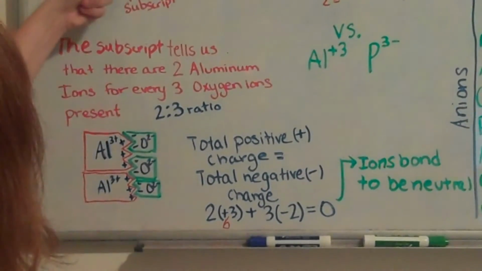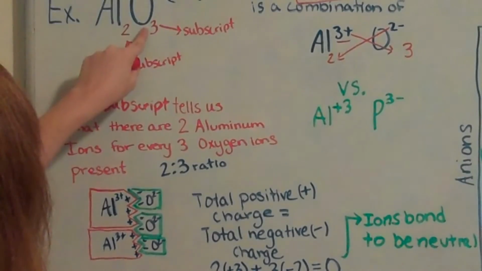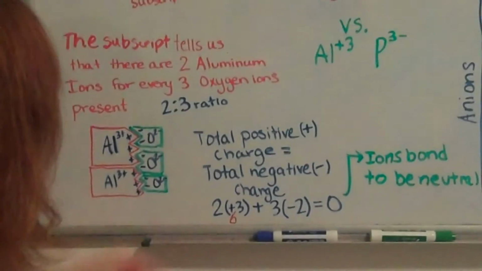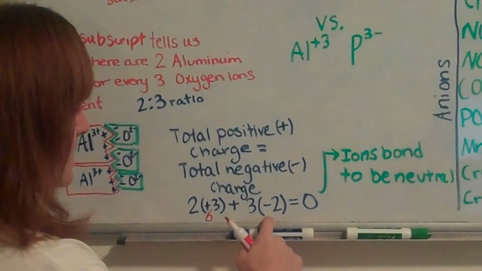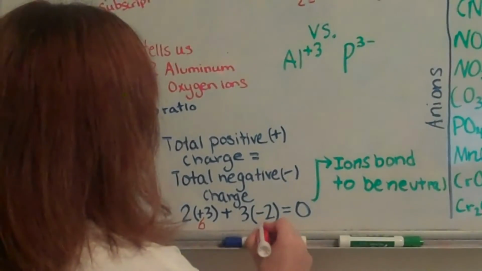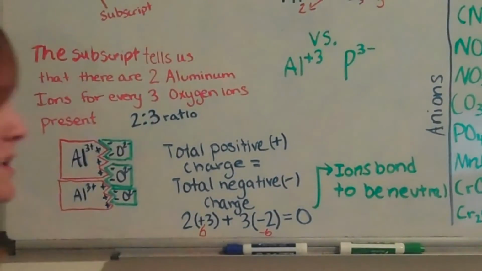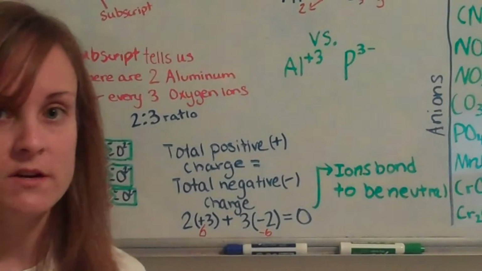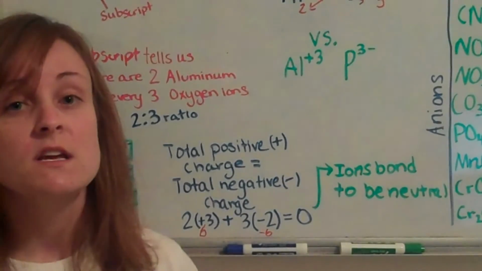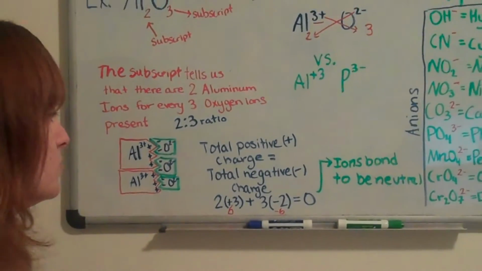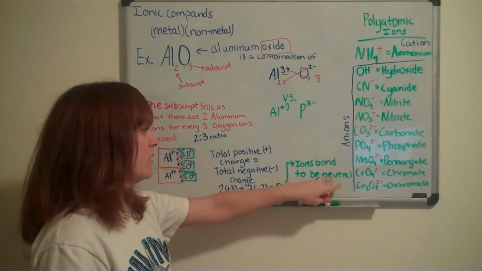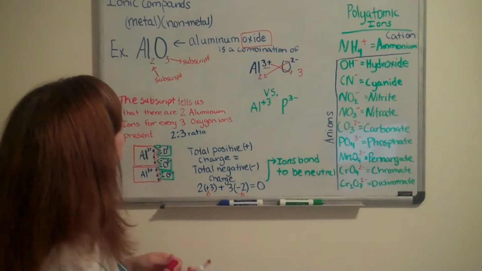There are 3, so the subscript 3, oxygen ions with a negative 2 charge, so 3 times negative 2 is negative 6. So positive 6 plus negative 6 is equal to 0. This is awesome because we wanted the compound to have a neutral charge. So the ions are bonding in order to be neutral.